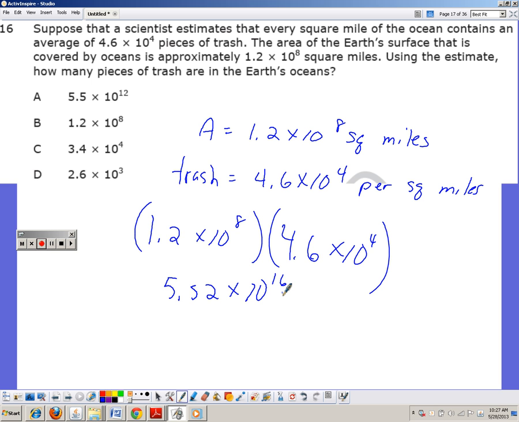Since we want to estimate, we're going to pick the answer that's closest, which is A. So I hit the wrong key on the calculator. It should be 5.52 times 10 to the 12. Remember, the calculator is only as good as the person pressing the keys.